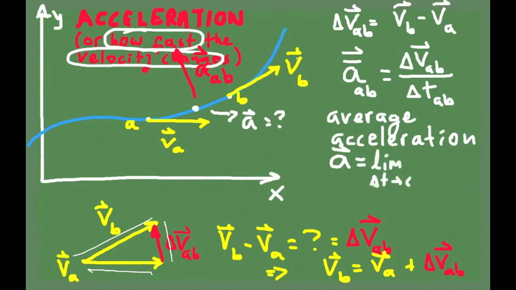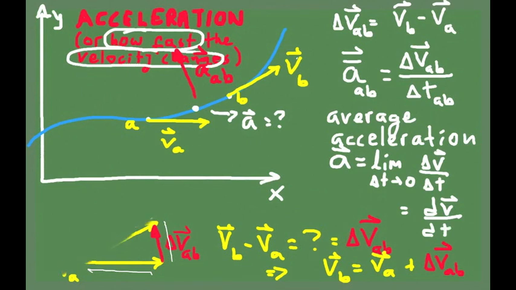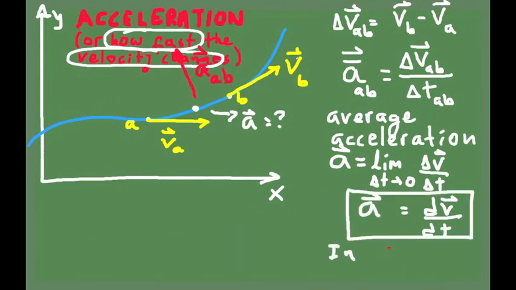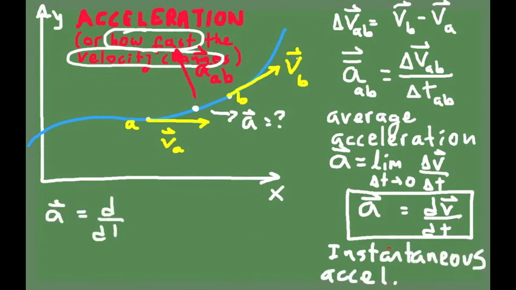So the instantaneous acceleration is going to be defined as the limit when delta t goes to 0 of delta v over delta t. This can be written as dv/dt. This is the instantaneous acceleration. If we want to find the components of the instantaneous acceleration, we can start by writing down the components of the velocity, which has x and y components, and taking the derivative of those components.